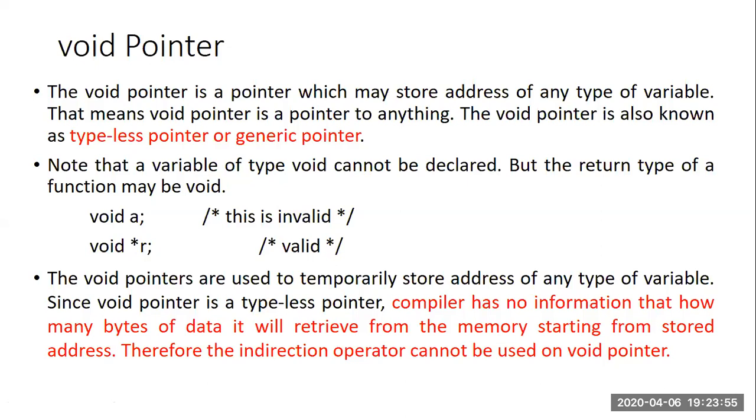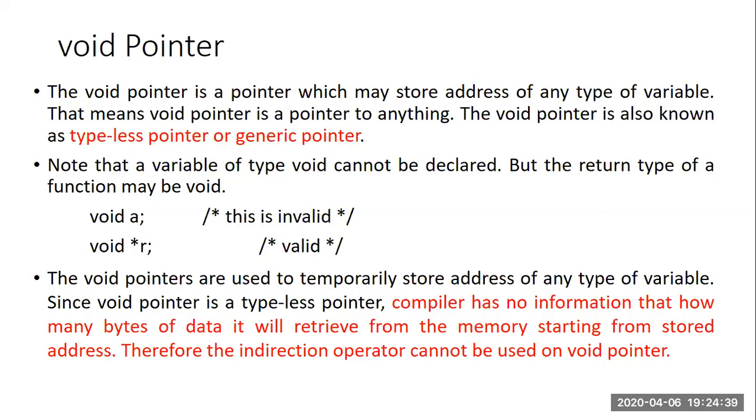So this type of pointer is called a typeless pointer or generic pointer. So far, for the variables that we declared, like int a, float a, char a, double a, can we declare void a? The answer is no. But we have seen that the return type of a function may be void.